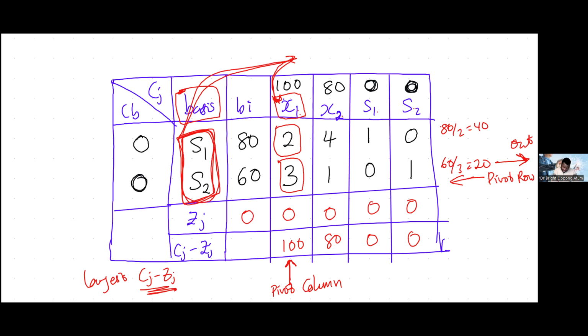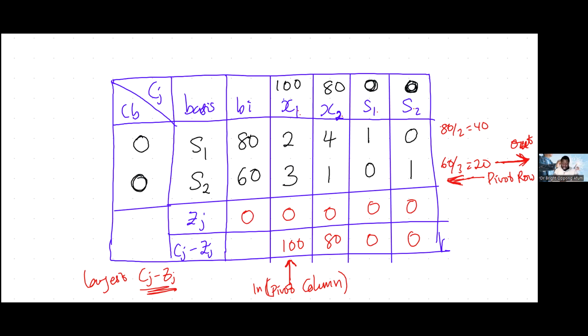So here it can be in or pivot column, here it can be pivot row. The arrow goes into the table like that. But if you want to use an arrow going out, then you can just say out, right? Okay, so in that case, we can now erase everything, right? When you do this, you must circle your pivot number. This is referred to as the pivot number.